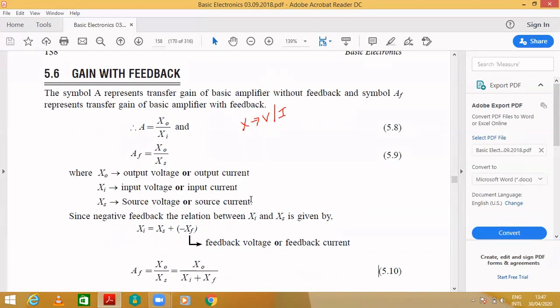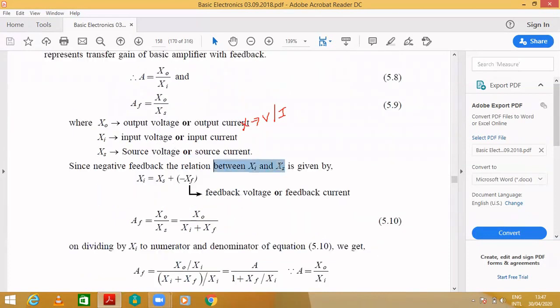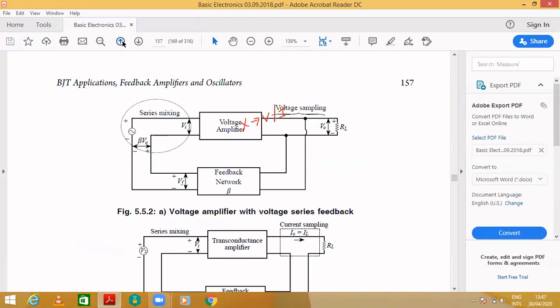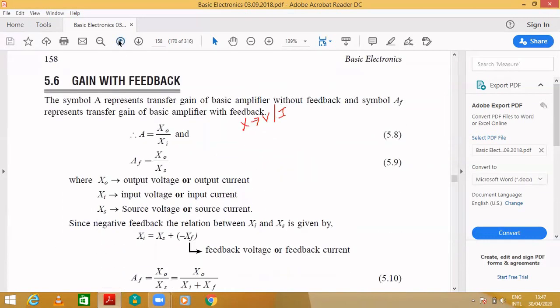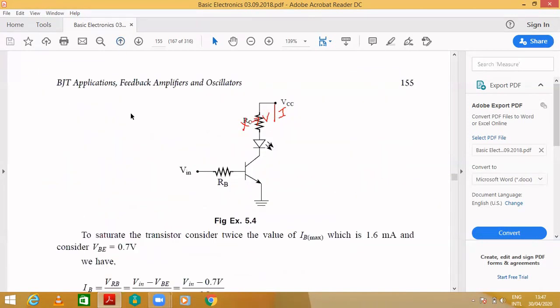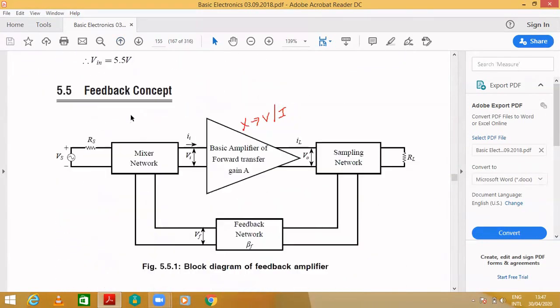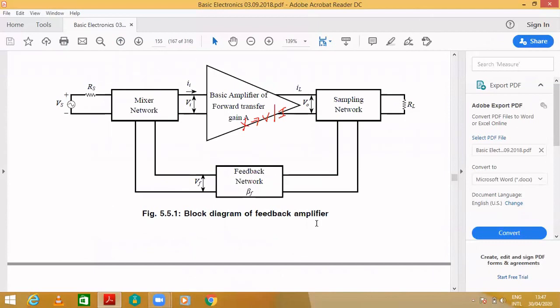Now, I already told you the relation between xi and xs. I will show the figure once again. In this figure, you can observe the basic feedback concept. Suppose I'm taking a voltage source, so this is Vs. The mixer means it will add.